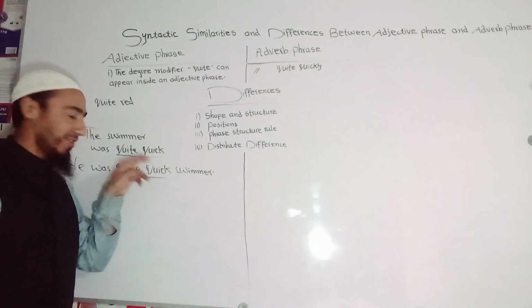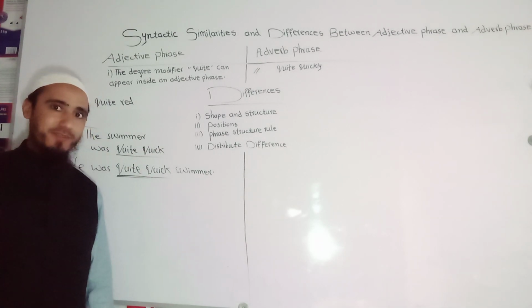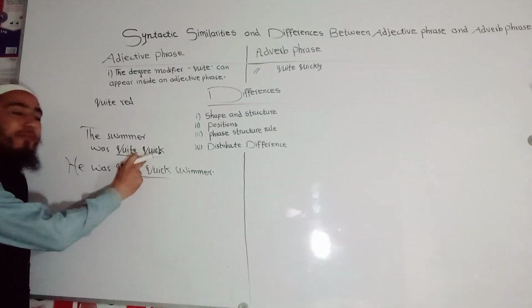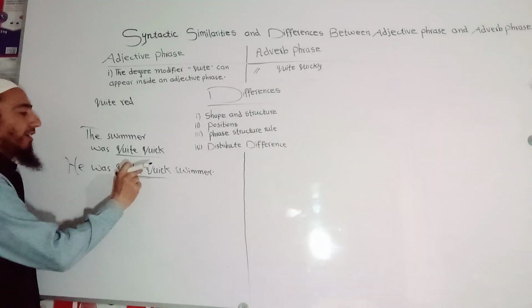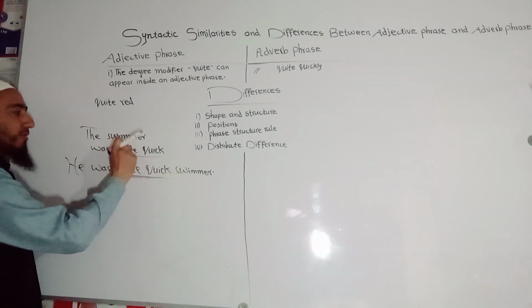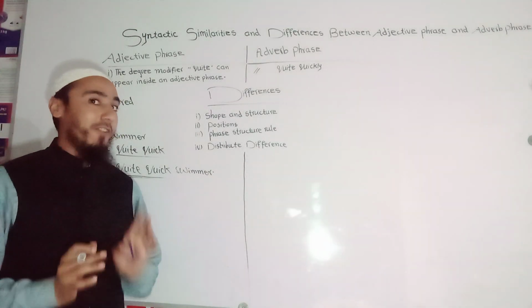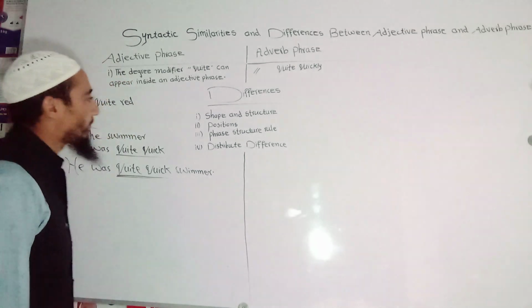Here, this is also an adjective phrase, but it is outside the noun phrase. But remember that again, it modifies the noun, which is swimmer. Both function the same.